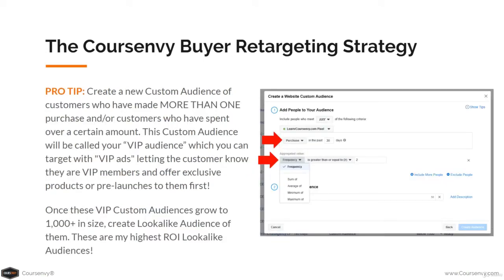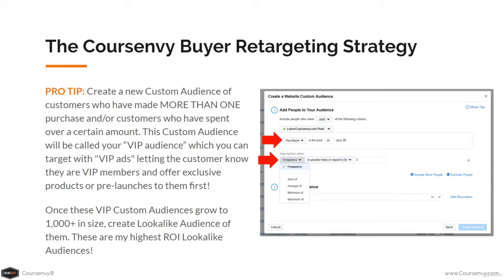So a pro tip, create a new custom audience of customers who have made more than one purchase and/or customers who have spent over a certain amount. And this custom audience will be called your VIP audience, which you can target with your VIP ads, letting the customer know they are exclusive VIP members and you offer exclusive products, pre-launches, anything exclusive to them first.